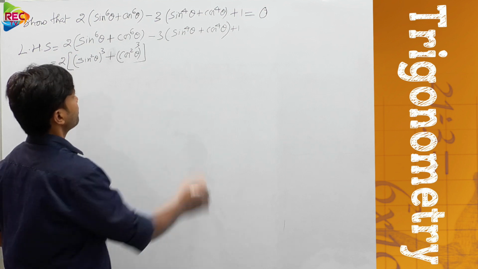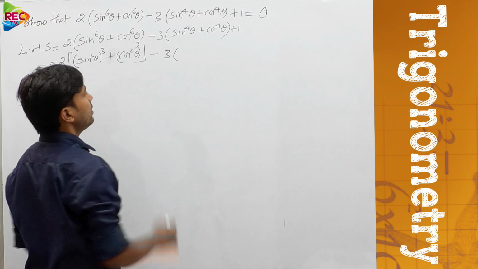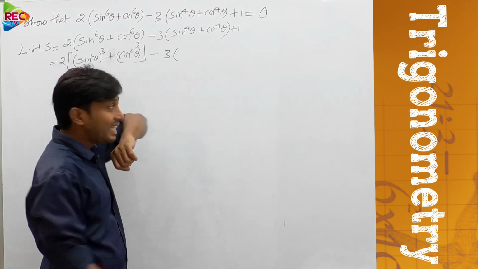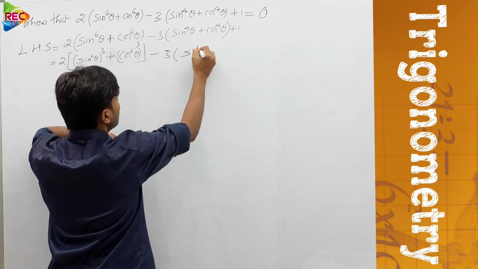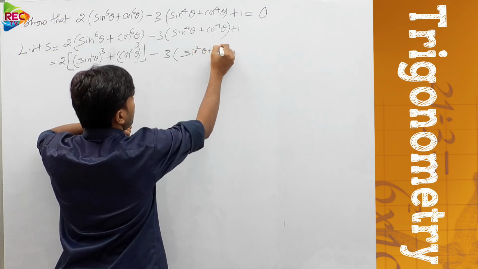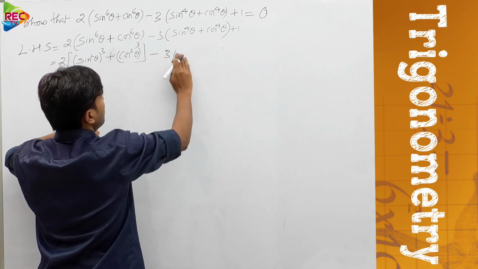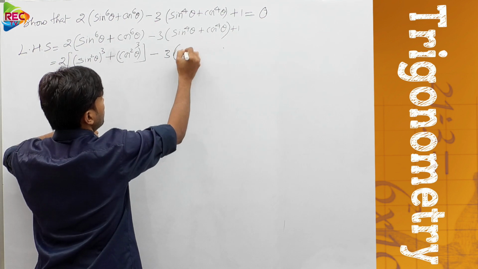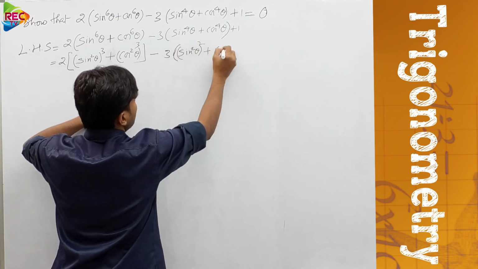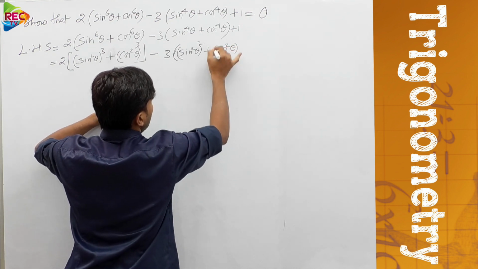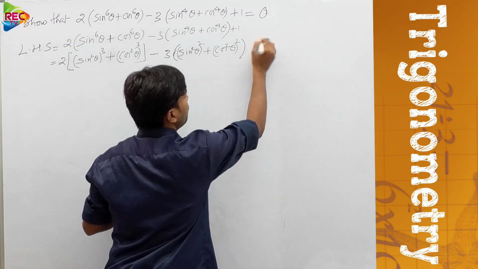Got it? Now minus 3 into sine power 4 theta plus cos power 4 theta can be rewritten as sine square theta whole square plus cos square theta whole square, plus 1.